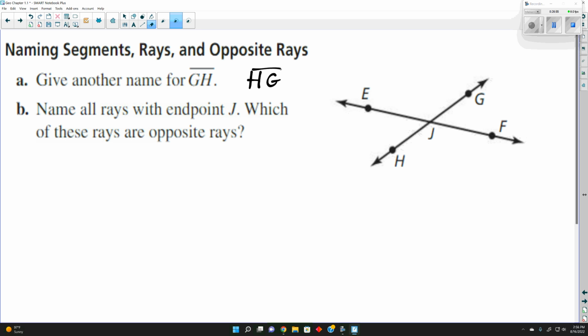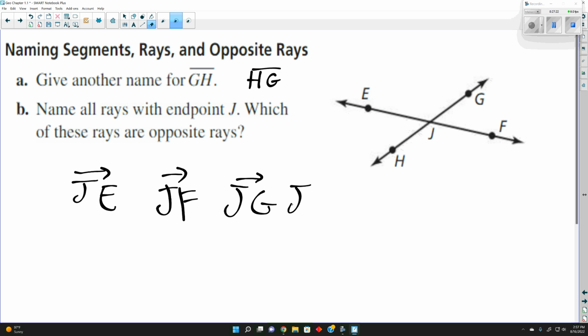Name all rays with endpoint J. When we do this here, we start over the J and draw the arrow over E. So what's another one? JF, yes, JG, and JH.